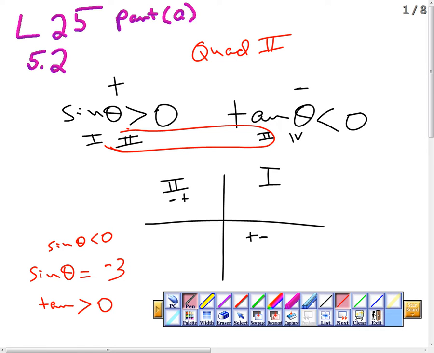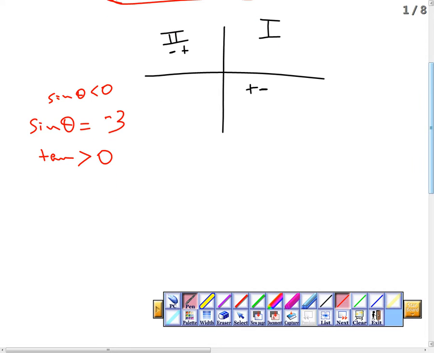Tangent's positive. So from here, you have to determine what quadrant you're in. Well, sine like y is negative, so what two quadrants is sine negative? Well, where's y negative? Harley? 3. Anywhere else? And 4, right.